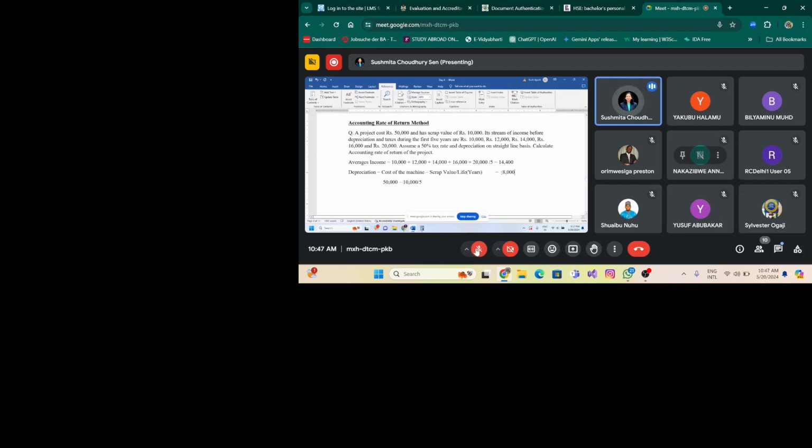After deducting the depreciation, your income would be 14,400 minus 8,000, that is 6,400.